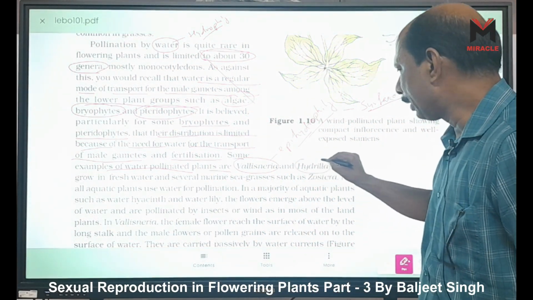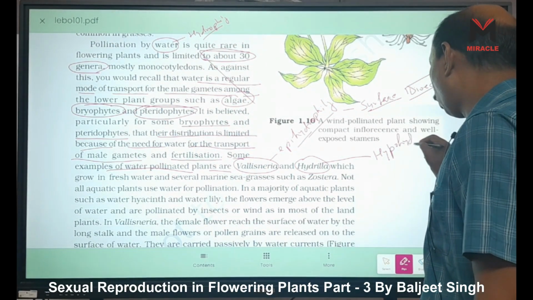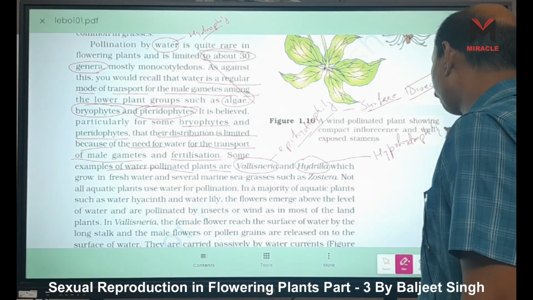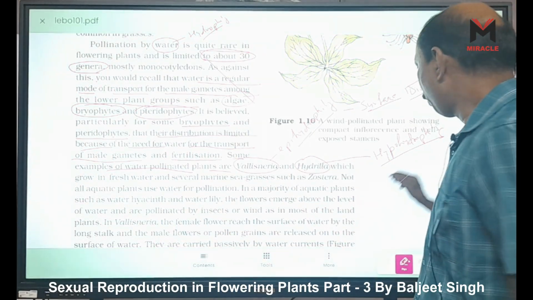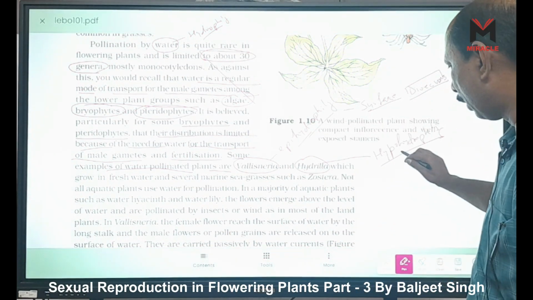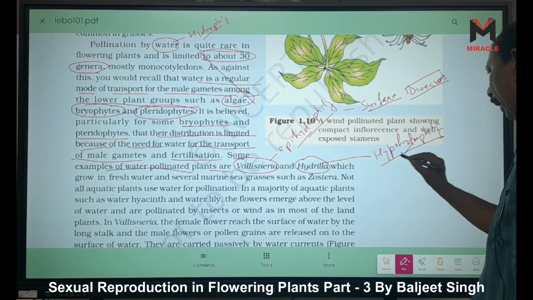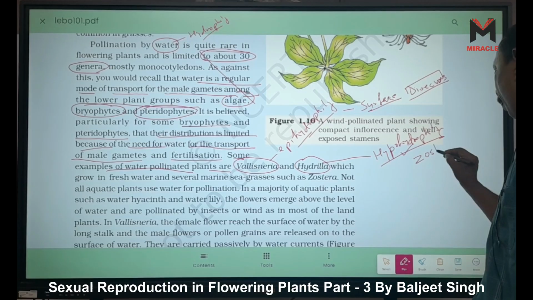Hydrilla is an example of hypohydrophily. Hypo means below, hydro means water. Below water means inside the water, right? Not only Hydrilla, another one is Zostera.